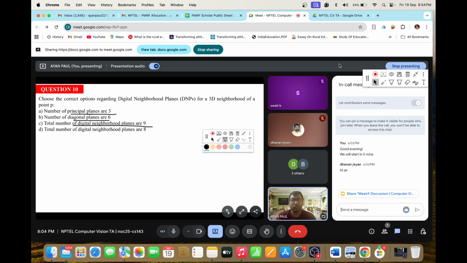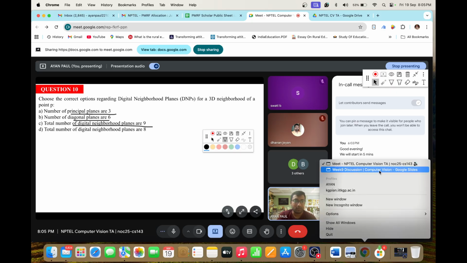So any guesses which one is incorrect? Option D is incorrect, right? Option A is right. We have 3 principal planes, XY, YZ and ZX, and 6 diagonal planes. So total number of planes 3 plus 6 equals 9. So option D is the wrong answer. The total number of digital neighborhood planes is not 8 but 9.